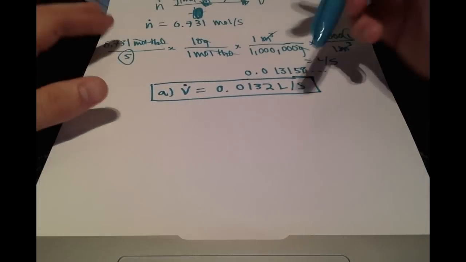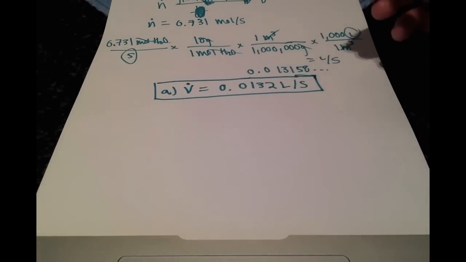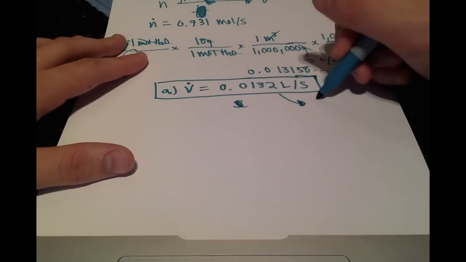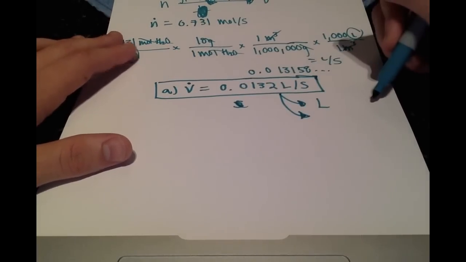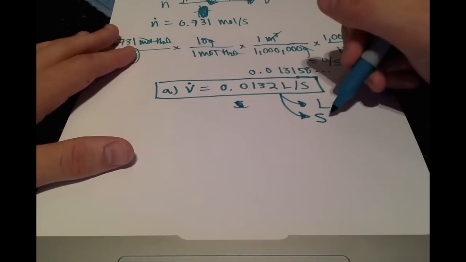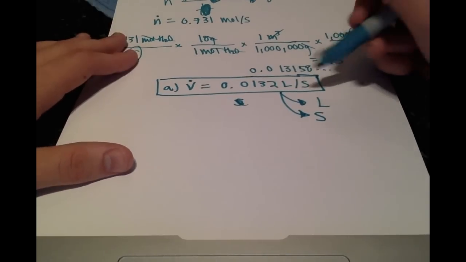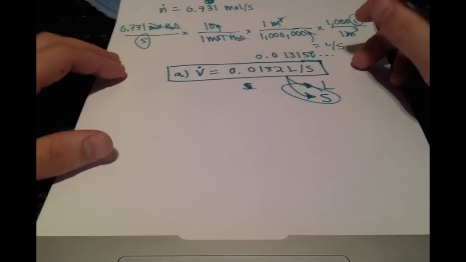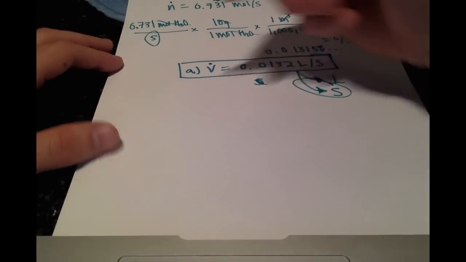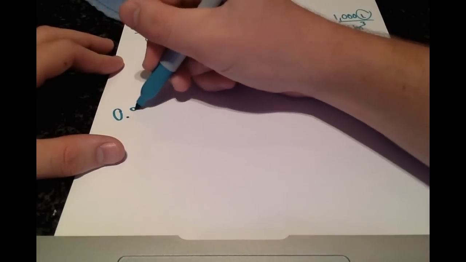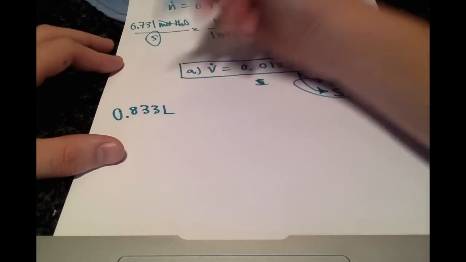Alright, and this volumetric flow rate is really useful because you can either get the volume coming out of the fountain given the time, or you can get the time to fill a certain volume. And this is actually what we're doing here. We're given the volume we want to fill. So this is where that 0.833 liters comes in handy.